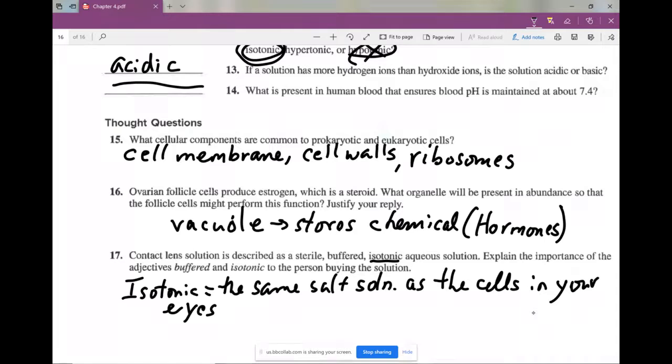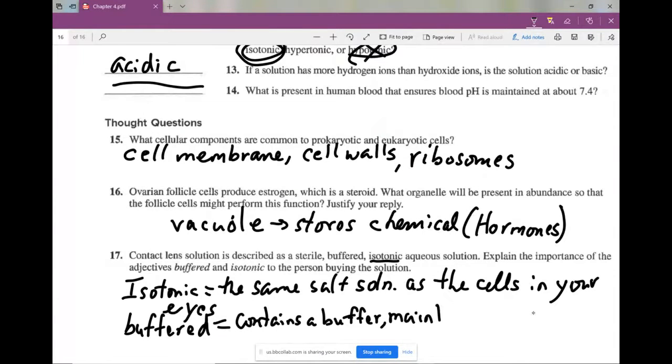And buffered. What is a buffer? We actually discuss this more tomorrow, but I'll tell you anyway. A buffered solution contains a buffer, obviously, but the buffer maintains a stable pH, which is important for the function of proteins.